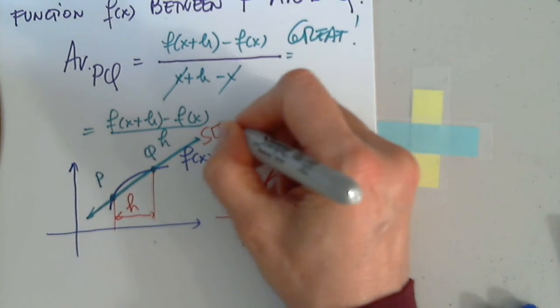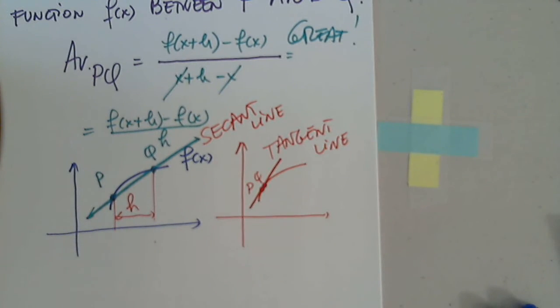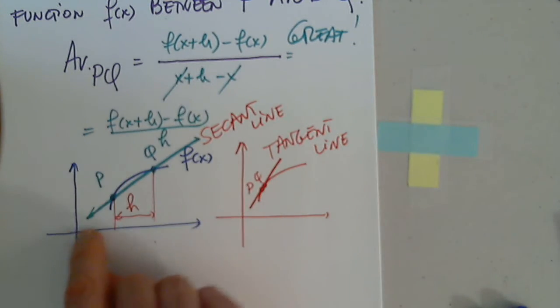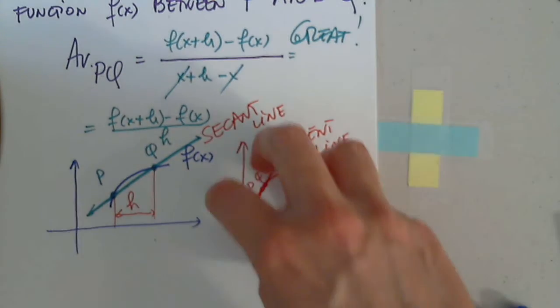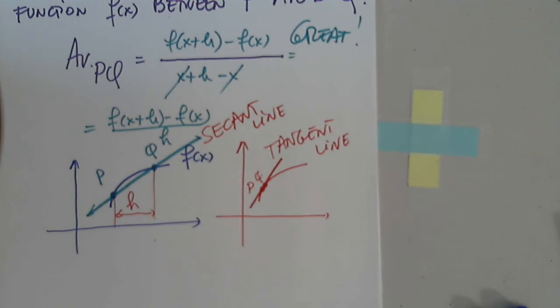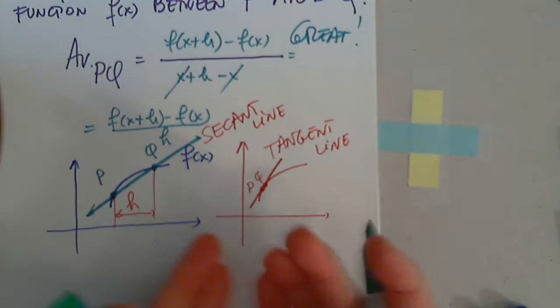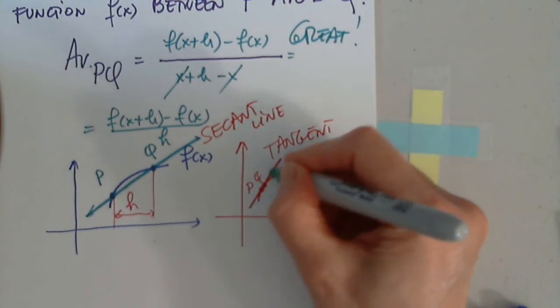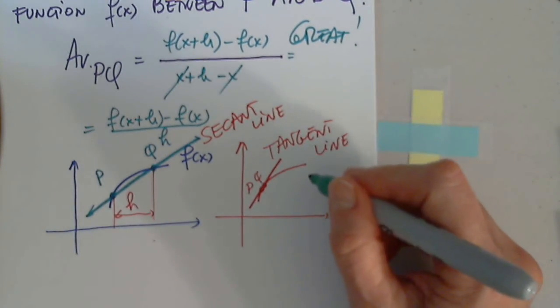This was a secant line. And you can say, but isn't that the same graph? Yes, it is. So when I zoom in, I see that the line crosses the function in 2 points. Well, now I'm zooming out, and when I zoom out, I kind of see that P and Q are so close to each other that this becomes the tangent line.